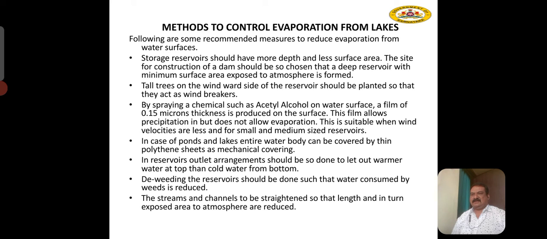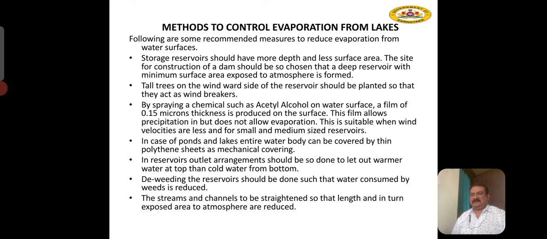Tall trees on the windward side of the reservoir should be planted so that they act as wind breakers. By spraying a chemical such as acetyl alcohol on water surface, a film of 0.15 micron thickness is produced on the surface.